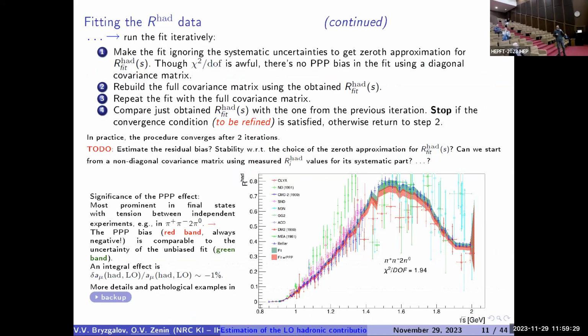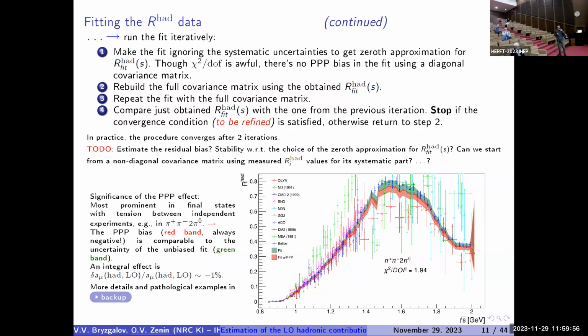On the next slide, this plot shows why we cannot construct the covariance matrix naively, as I explained on the previous slide. So if we use systematic errors from individual experiments, the fit will be biased. This is shown by the red curve with the error band.